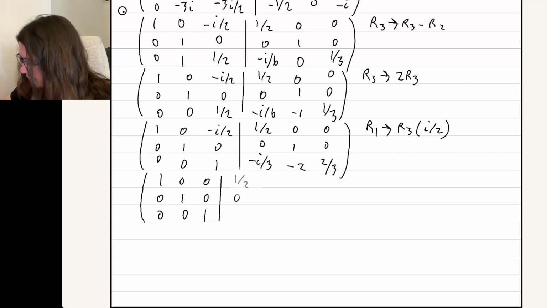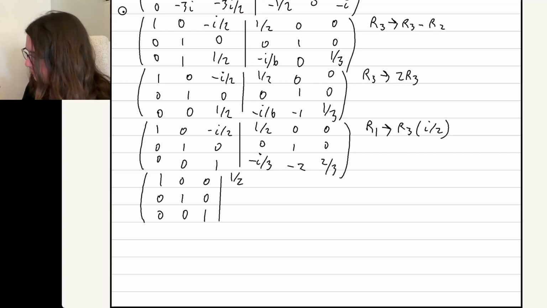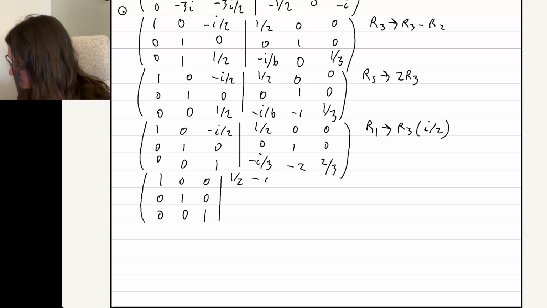Actually, it's going to be 1 half minus i over 3 times i over 2. So let's write that out. 1 half minus i squared over 6 is what it's going to be. And then everything else should be fine.